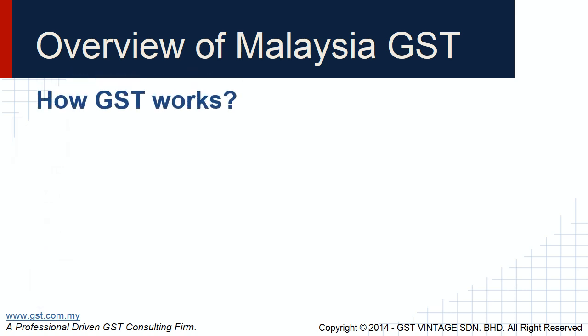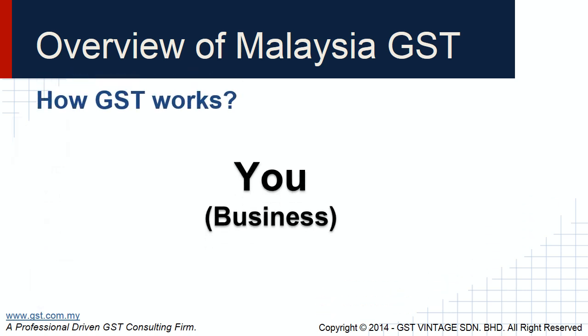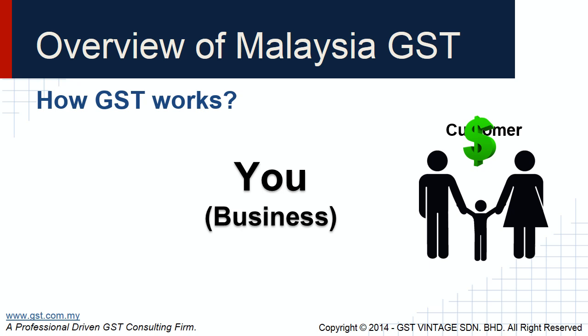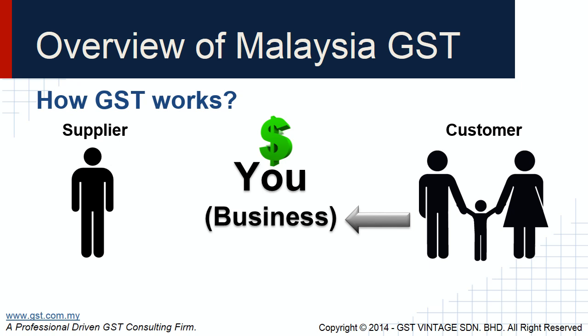In this illustration, imagine yourself as a retailer, wholesaler, or maybe a manufacturer, as a collecting agent of the RMCD, which in long is called the Royal Malaysian Customs Department. You as a business do not fork out a single cent for this mechanism. What you do is that on one hand you collect GST from your consumers, and on the other hand you pay GST for your purchases and expenses to your suppliers.